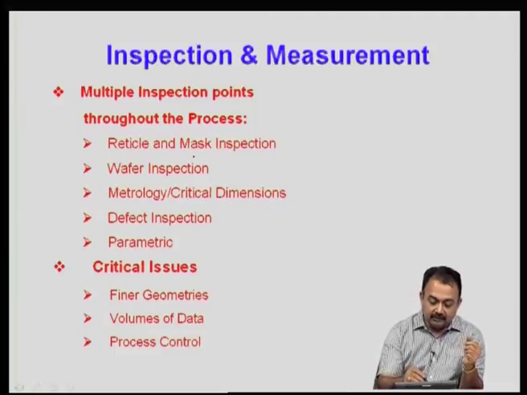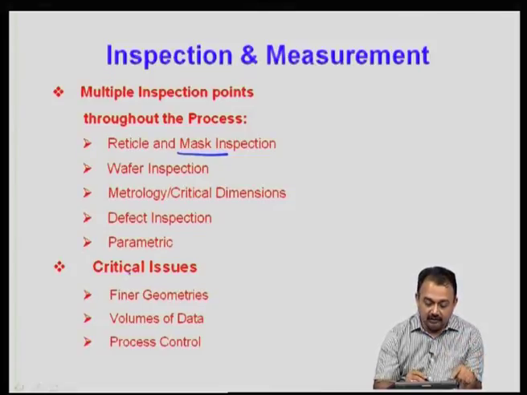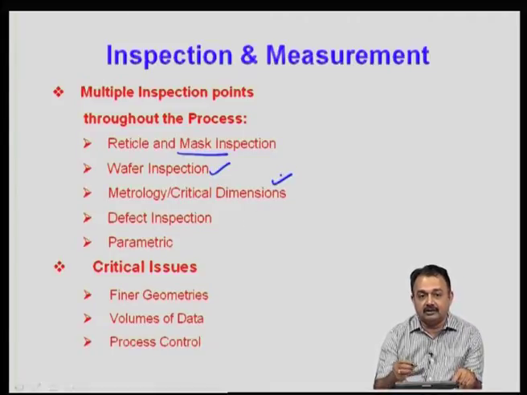Right from inspecting, the mask has to be perfect. There can be no dimensional variations in the mask. If a dimensional variation is seen, then you have to prepare a new mask. Then wafer inspection, then you have metrology and critical dimension inspections at every stage, including photoresist defect inspection.